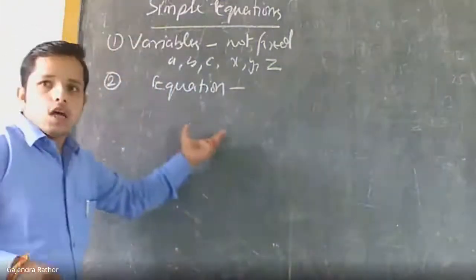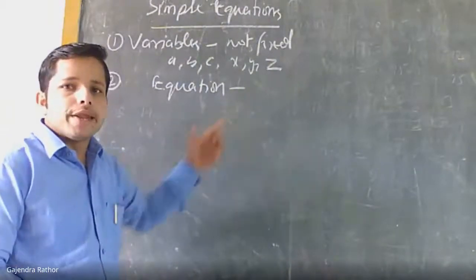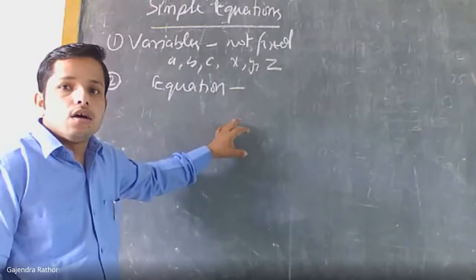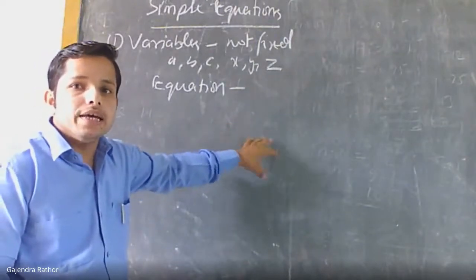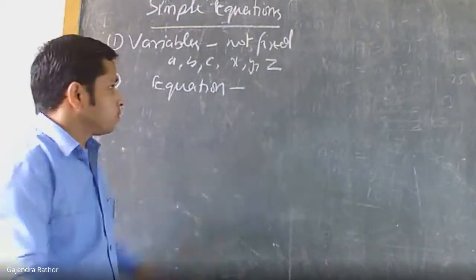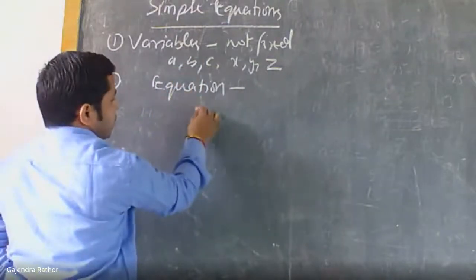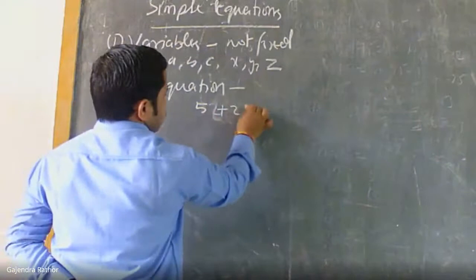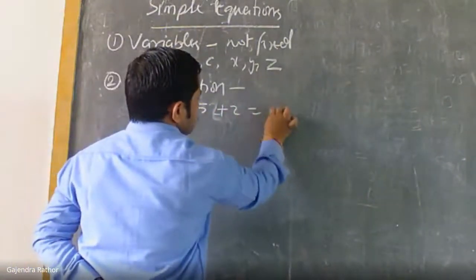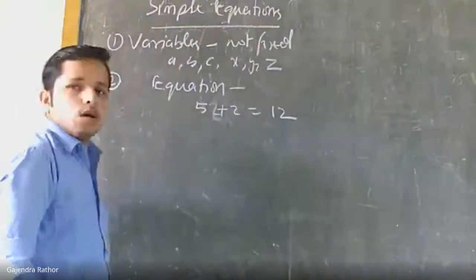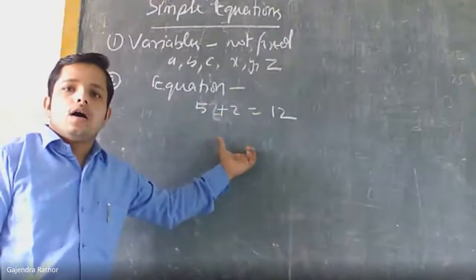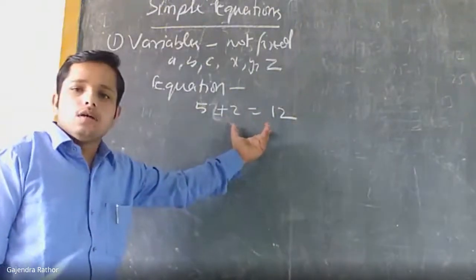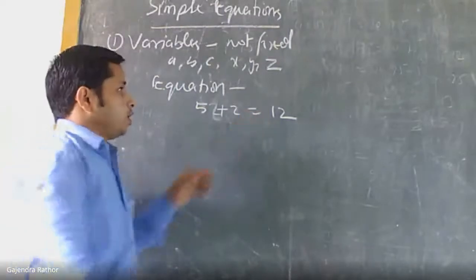Once again, an equation is a condition on variables. Second, an equation is an expression which has an equality sign. So I have one expression: x plus 2 is equal to 12. Okay, this is an expression. It also has an equality sign.